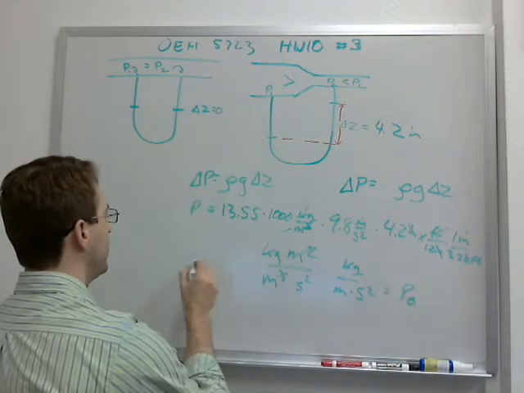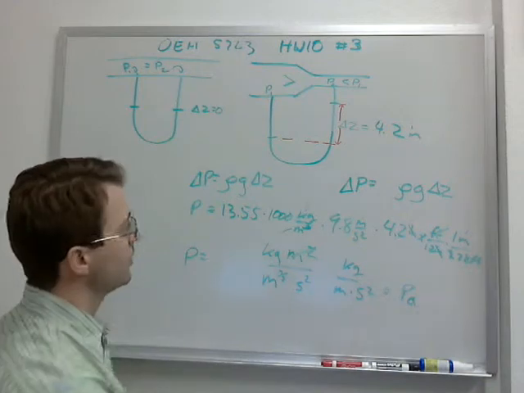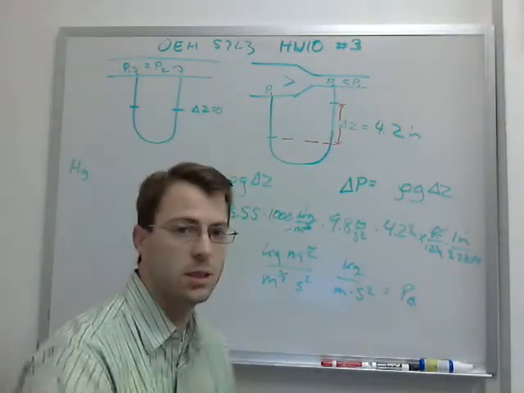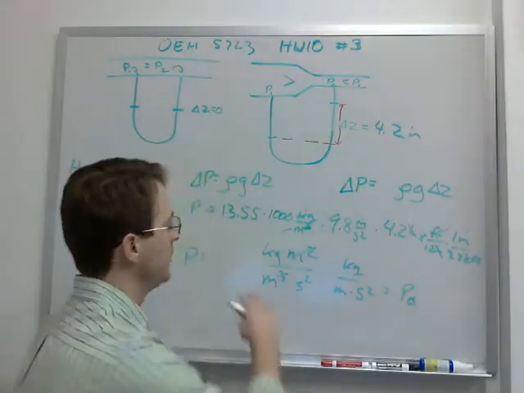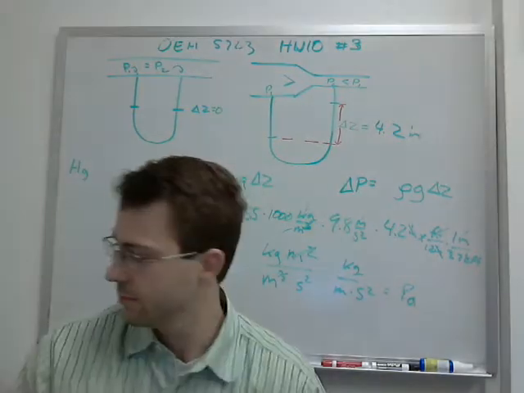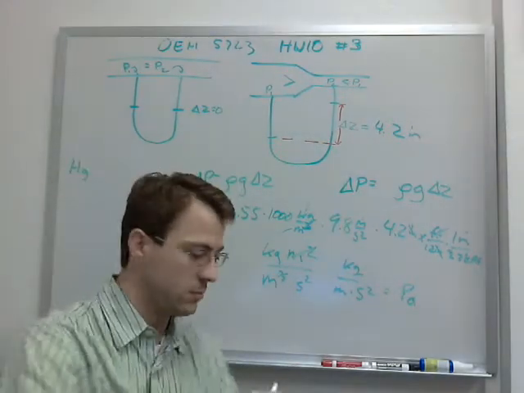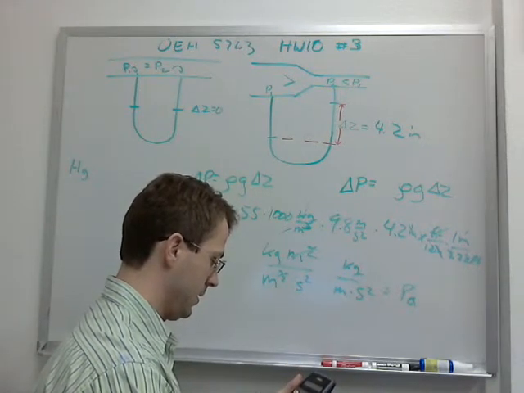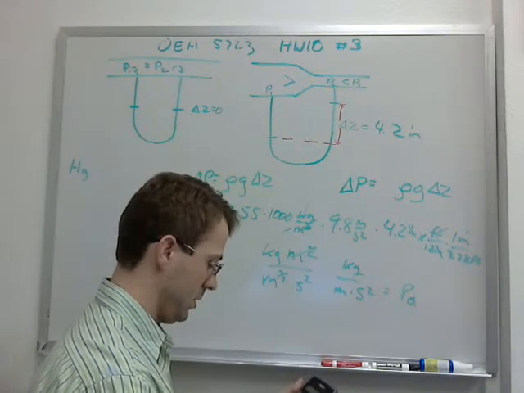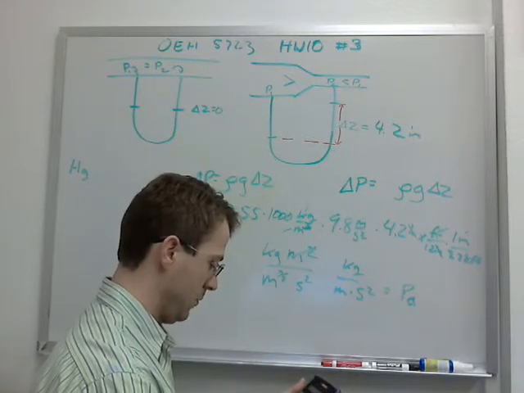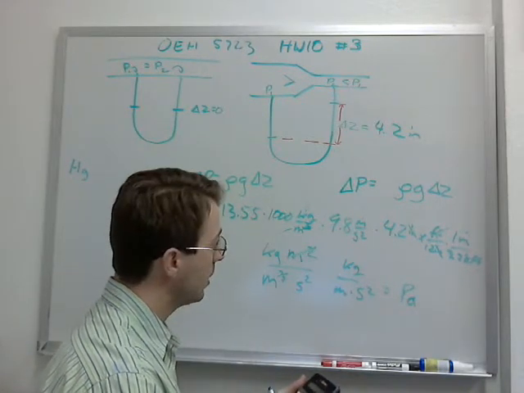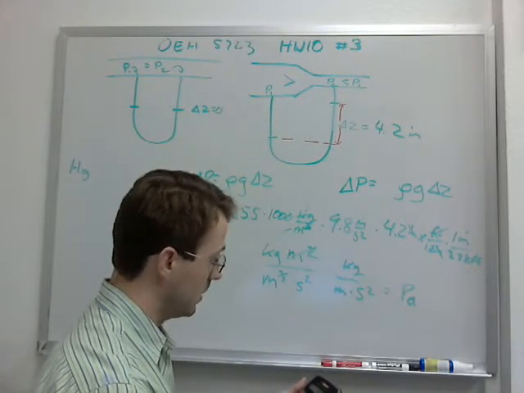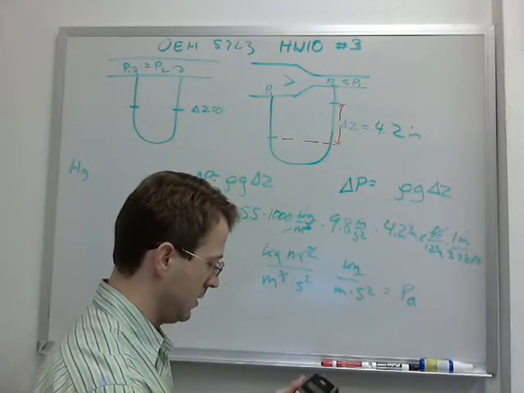Alright, so what does this come out to? If this is mercury, 4.2 inches of displacement of mercury is equal to how many pascals? 13,550 times 9.8 times 4.2 divided by 12 divided by 3.28.